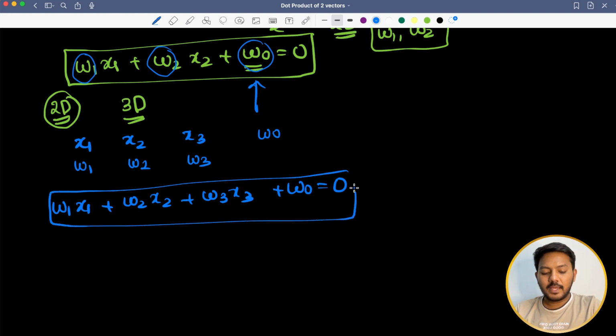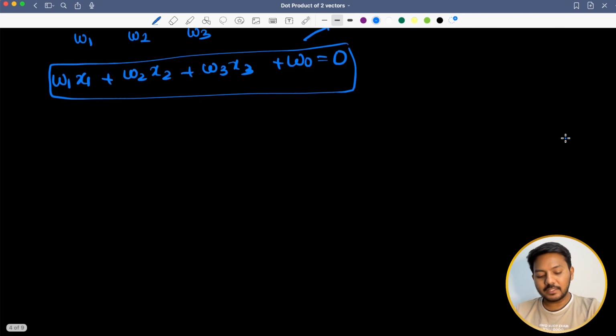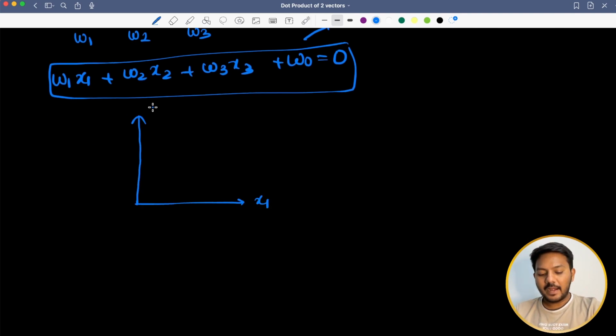So this is my equation of a plane in 3D. If it is in 2D, we call it a line. If it is in 3D, we call it a plane. So how do you visualize this? Let's say this is my x1 axis, x2 axis and x3 axis. Now I will have a plane separating these. So I will have something like this.